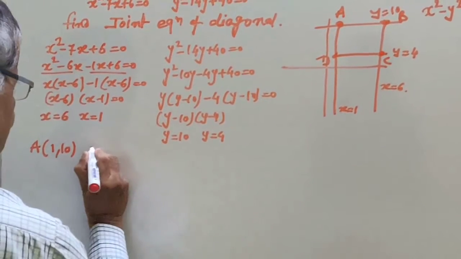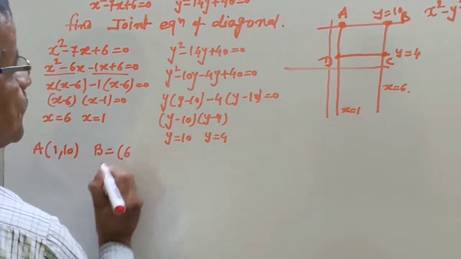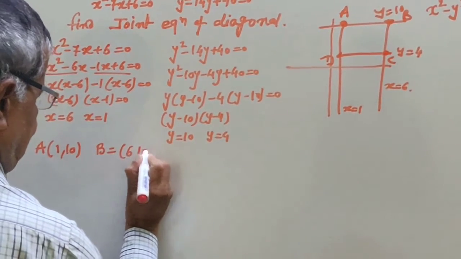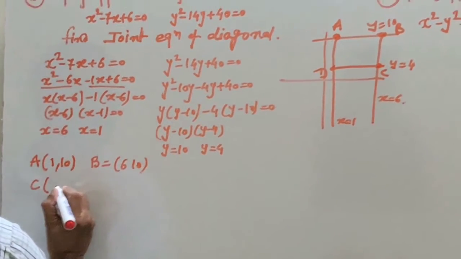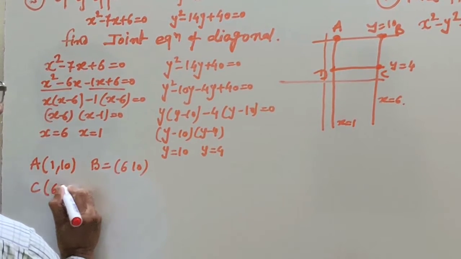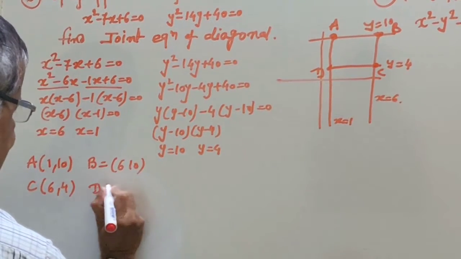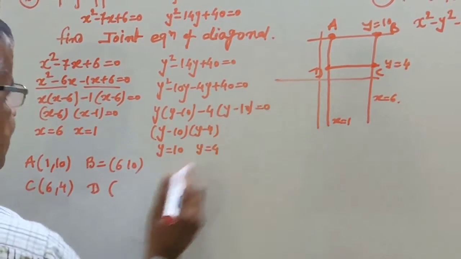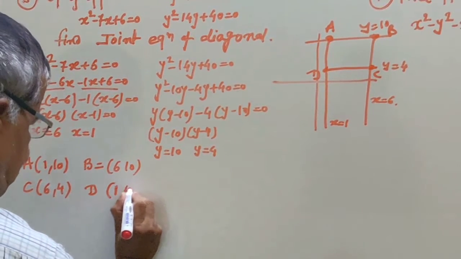What is the coordinate of B? Again it lies on x is 6 and y is 10. What is the coordinate of C? It lies on x is equal to 6, y is equal to 4. And D has coordinates 1 and y is equal to 4.